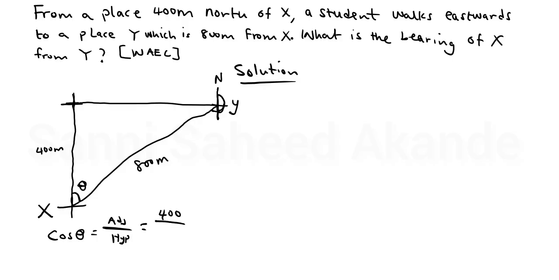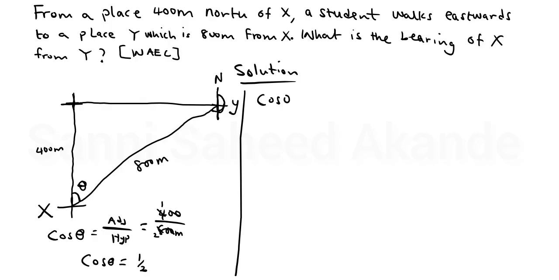The hypotenuse here is the longest side, which is 800 meters. So my cos theta now will be equal to, this zero will cancel these zeros. Then 4 in 4, that's 1. 4 in 8, that's 2. So I have 1 over 2 left, which you can also write as cos theta is equal to 0.5.